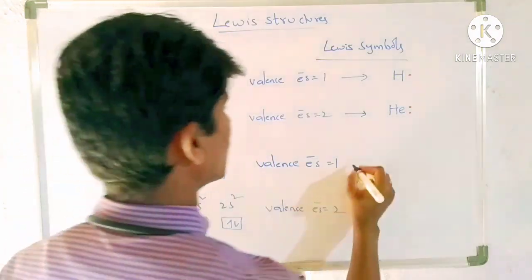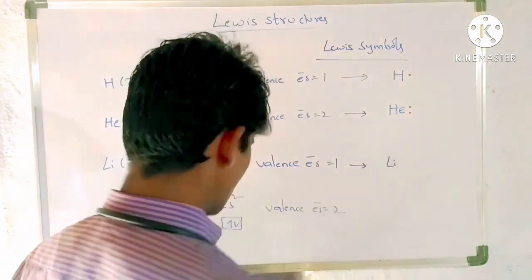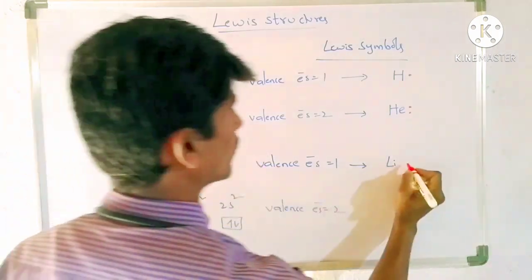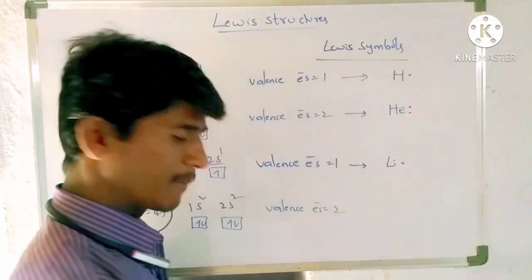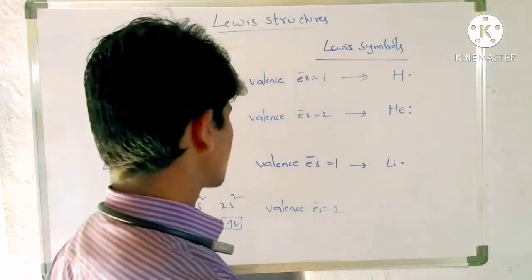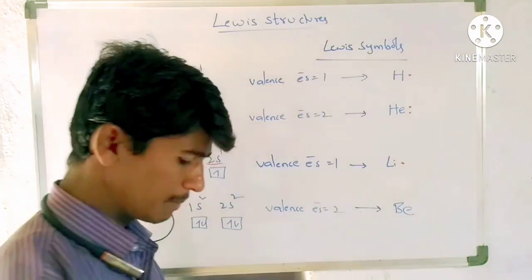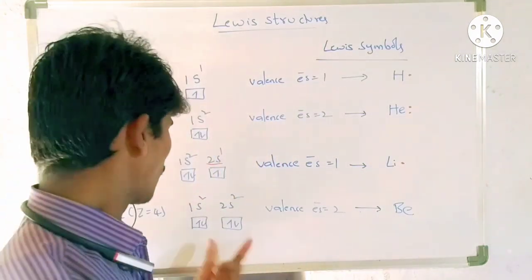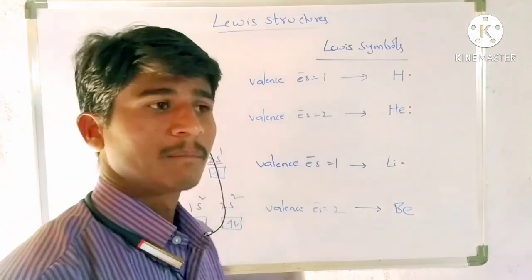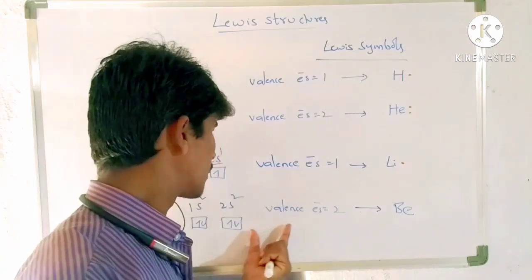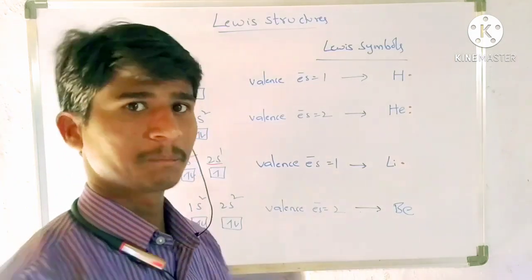Next, coming to lithium, Li. How many valence electrons are there in lithium? 1 valence electron is there. So here, 1 dot. Next, coming to beryllium, Be. B is the symbol of beryllium. Now how many valence electrons are there? 2. But beryllium is involved in bond formation, so we have to represent the 2 electrons as unpaired, not paired.